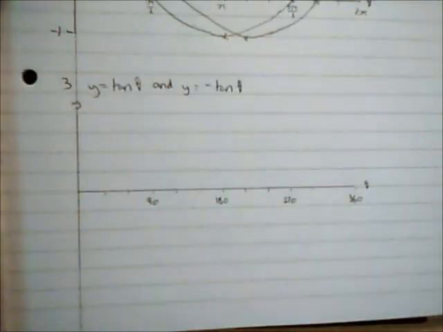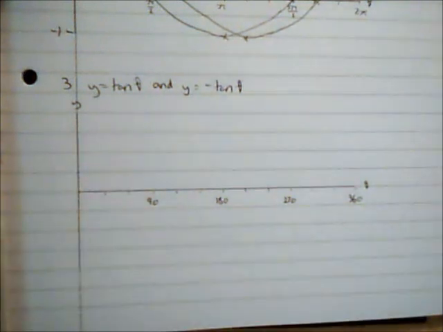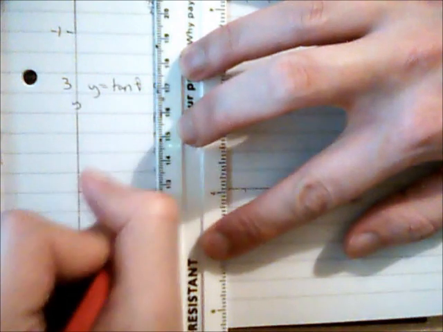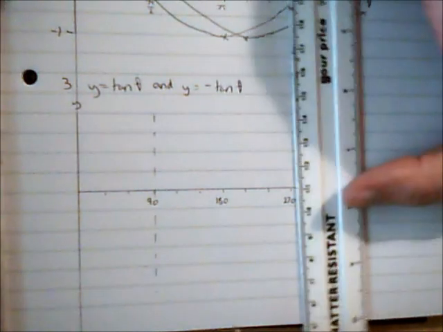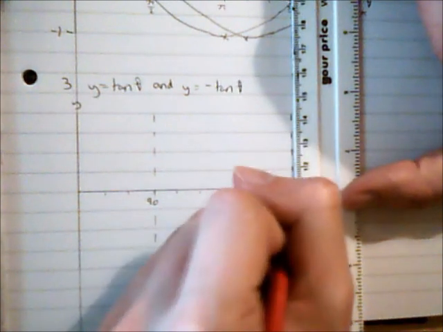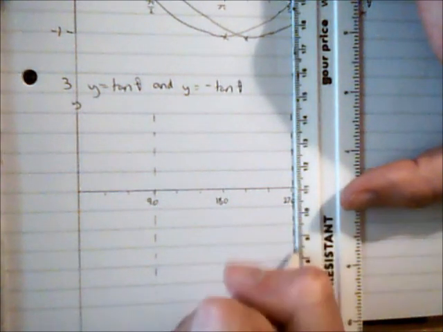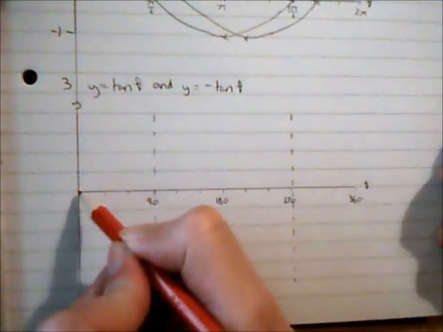Now, the final curve we're going to look at is a tan curve, which is quite different. So a tan curve has asymptotes, and it has asymptotes at 90, which we denote with a dashed line, and then again at 270, and then it keeps breaking off.